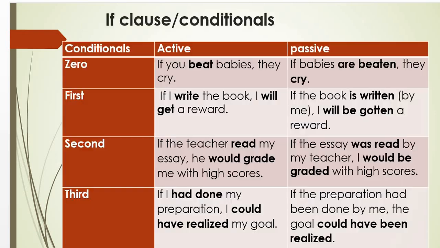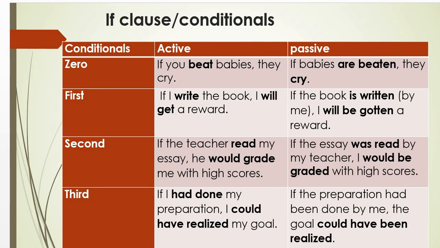Let's see some examples. From zero conditional: if you beat babies, the if clause uses simple present and the main clause is also simple present, then we can change into passive as usual. If babies are beaten, they cry.